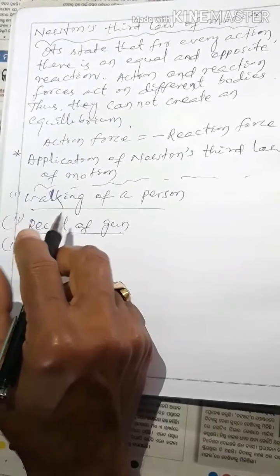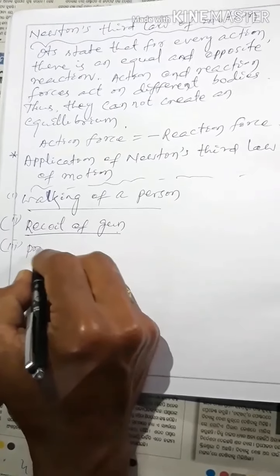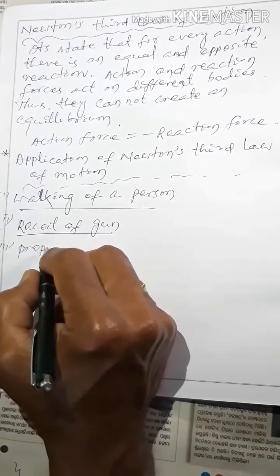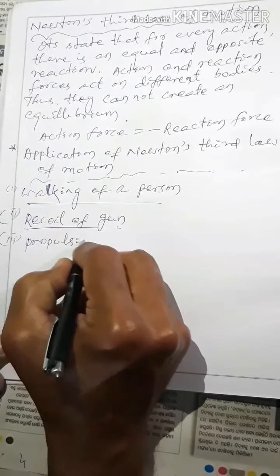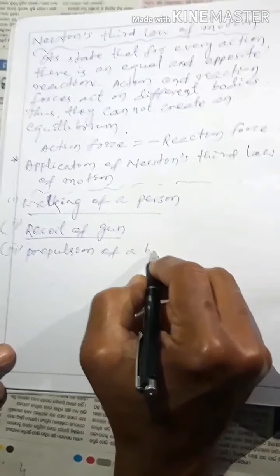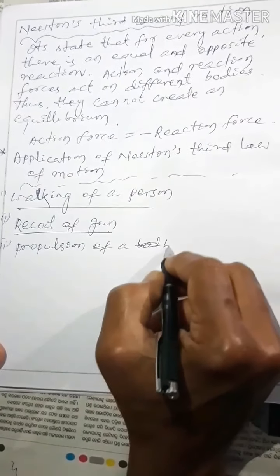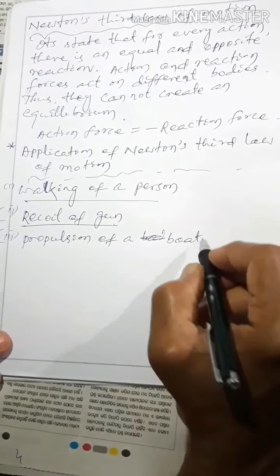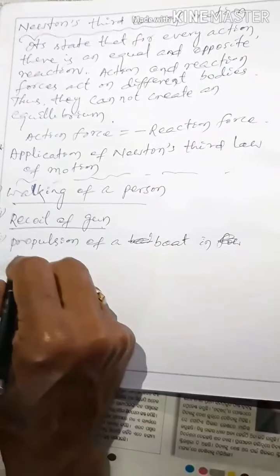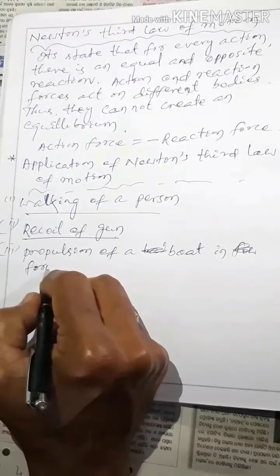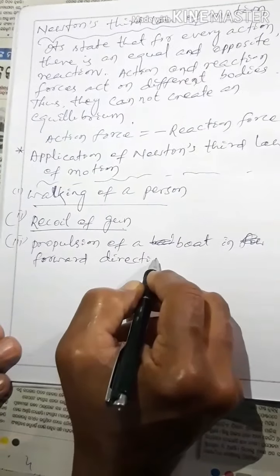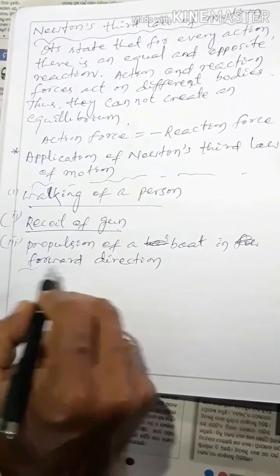Next, third one: propulsion of a boat in the forward direction. This is the third example.